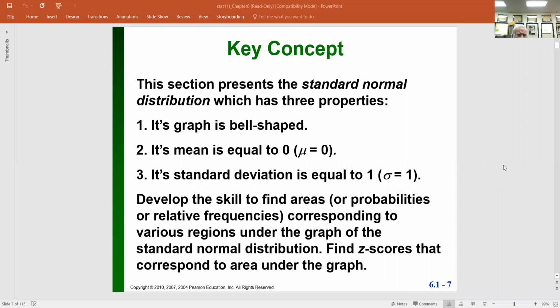The concept here is that looking at these graphs, they are bell-shaped, the standard bell curve, and the mean is 0, standard deviation is 1. I'm talking about the slides.